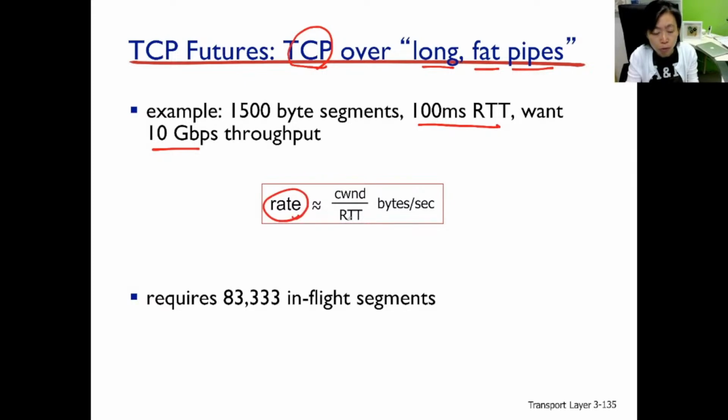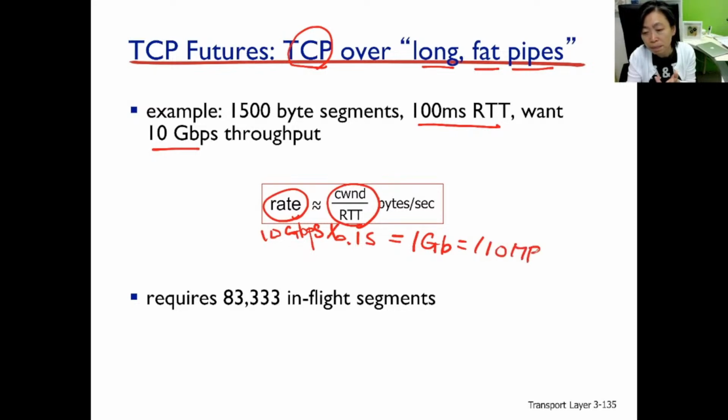Sending rate or the throughput should equal the window size divided by round trip time. So this is 0.1 second, and the rate should be 10 gigabits per second. So you see the congestion window is essentially the 2 terms multiplied, and that is 1 gigabit, approximately 110 megabytes.